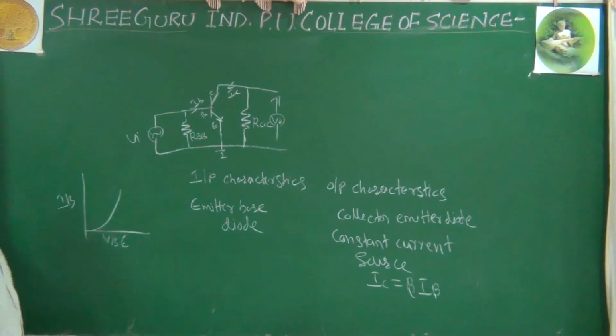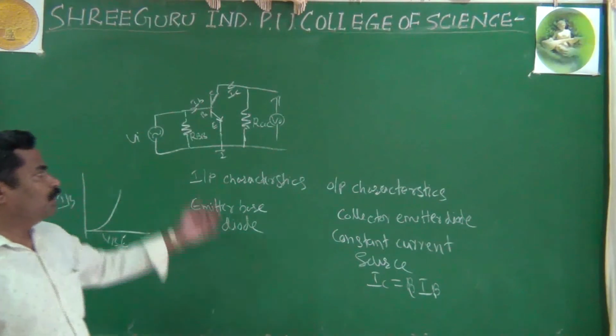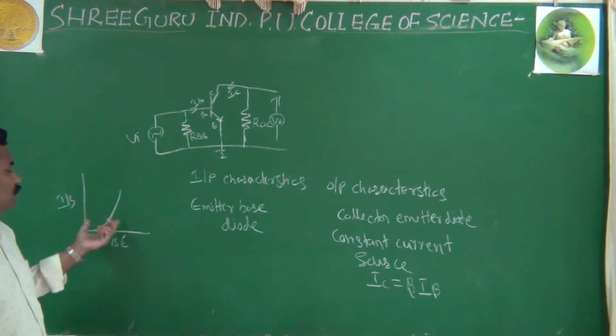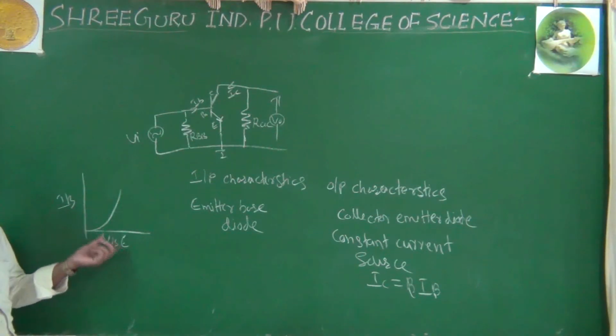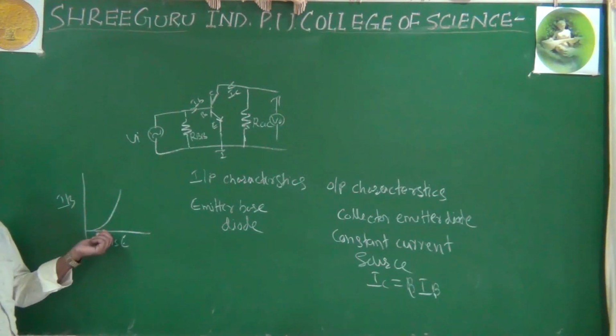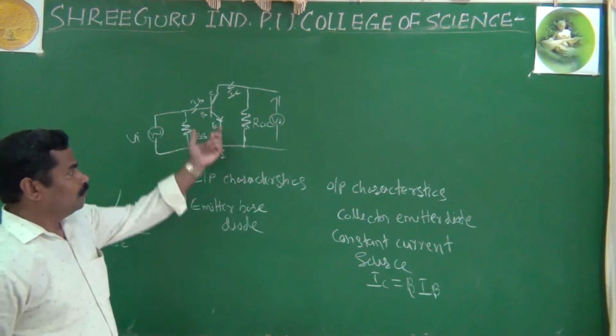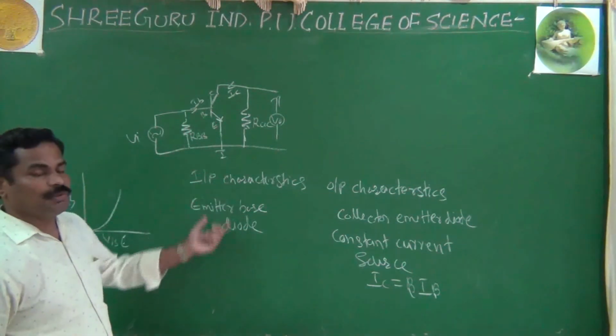It is similar to the normal diode in forward bias. The important thing in the input side is that it is your forward bias diode. It means here the emitter-base section is used as a forward bias diode.